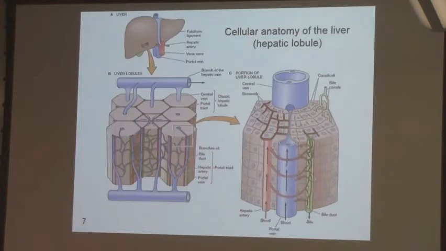Okay, so let's see how the liver is built. So we're focusing on the liver again. Here's the liver. Here's some names. So there's a hepatic artery. We talked about that, arterial blood being brought to the liver. And here's the portal vein, bringing venous blood to the liver. The vena cava is going through-ish the liver.